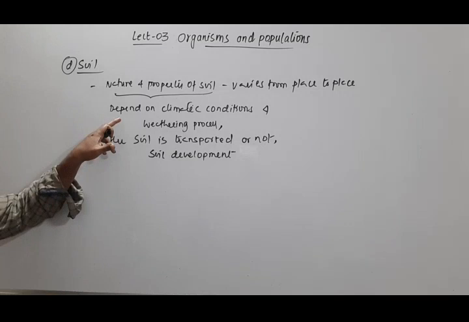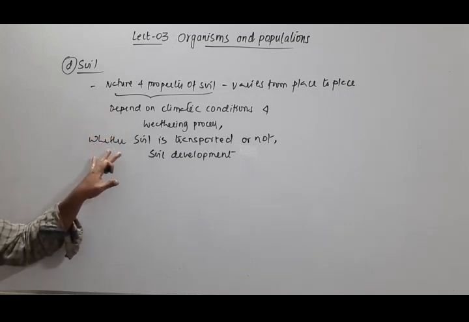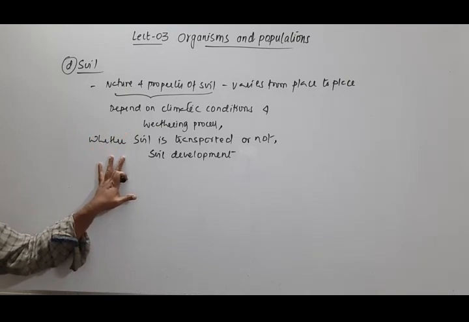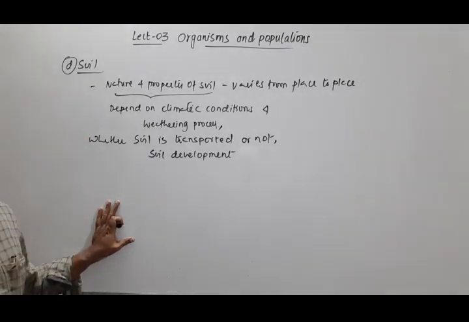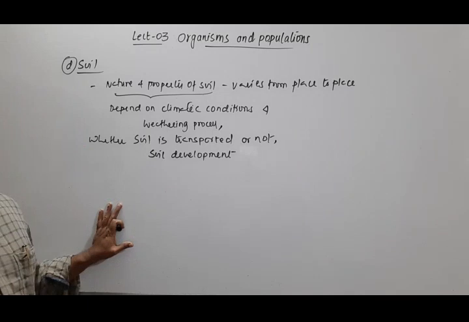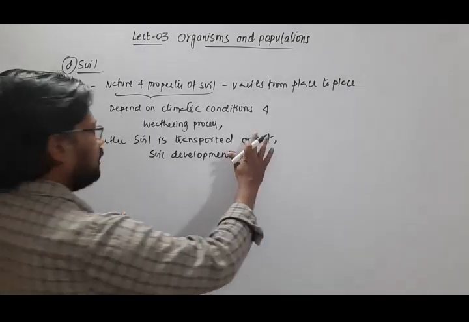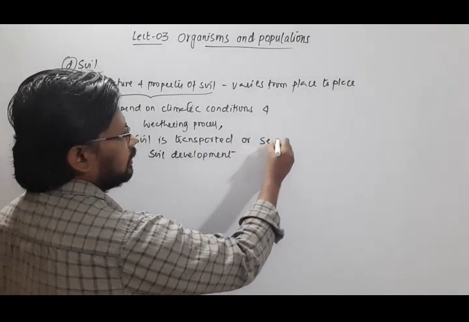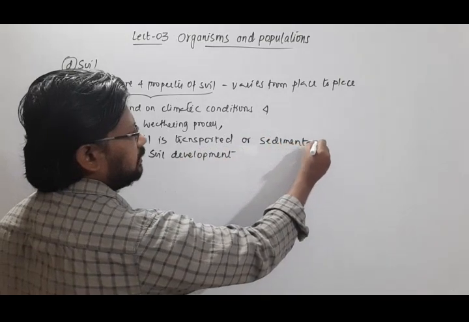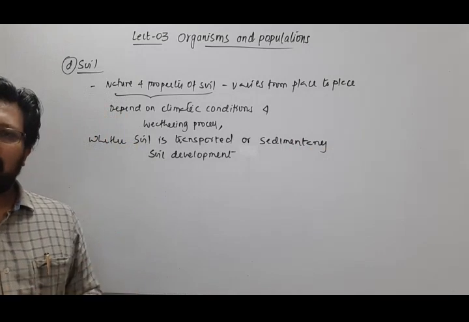So not only do they depend on climatic conditions and weathering process, but also on the transportation of soil or not. Sedimentary means that the soil remained in the same place, or whether it is transported to some other location. Sedimentary means that at that location only it is formed and remains in that location.